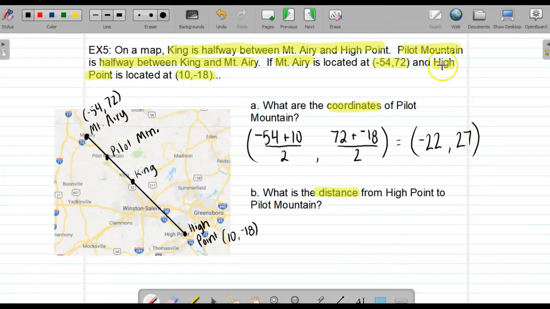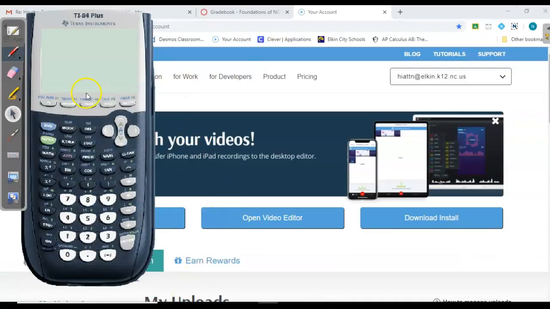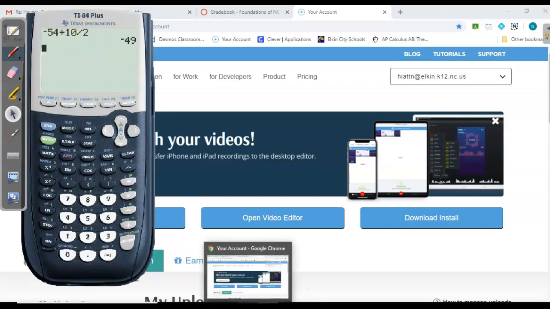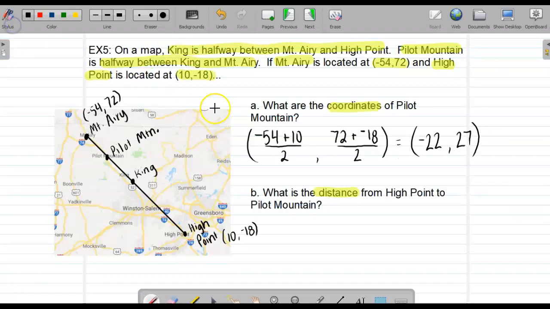Whenever you type this into the calculator, I should probably stop and show you this, because this will make a big difference. When you type in negative 54 plus 10 divided by 2, you cannot type it in like this just did right here. Some of you typed that in on your own and you got negative 49. Anytime you're typing something into the calculator, if you've got more than one thing in the numerator, you've got to put parentheses around it.